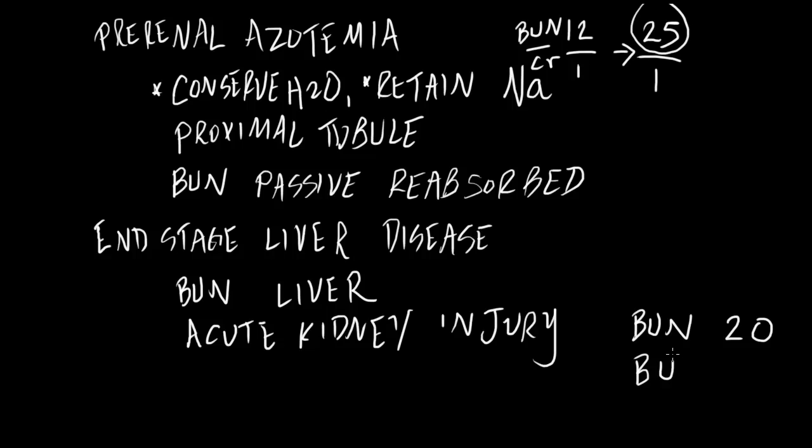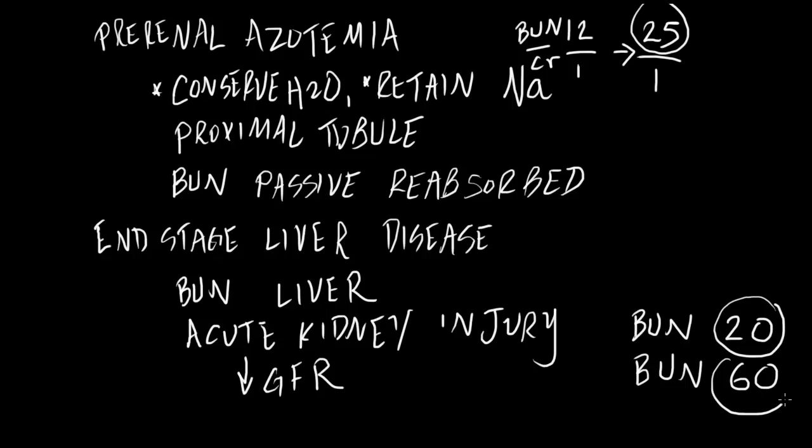We may expect that BUN to be 60. So in patients with end-stage liver disease, BUN production is poor. And so even in the face of a decreased glomerular filtration rate, GFR, a patient with end-stage liver disease will have a relatively low BUN produced compared to a patient who doesn't have end-stage liver disease.